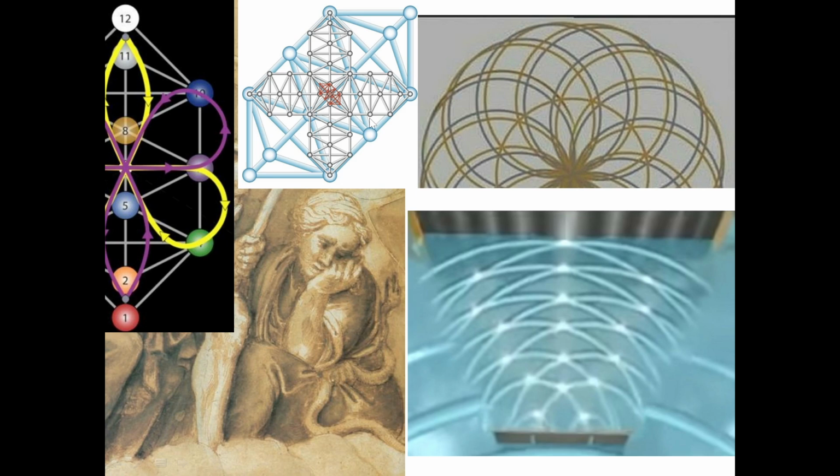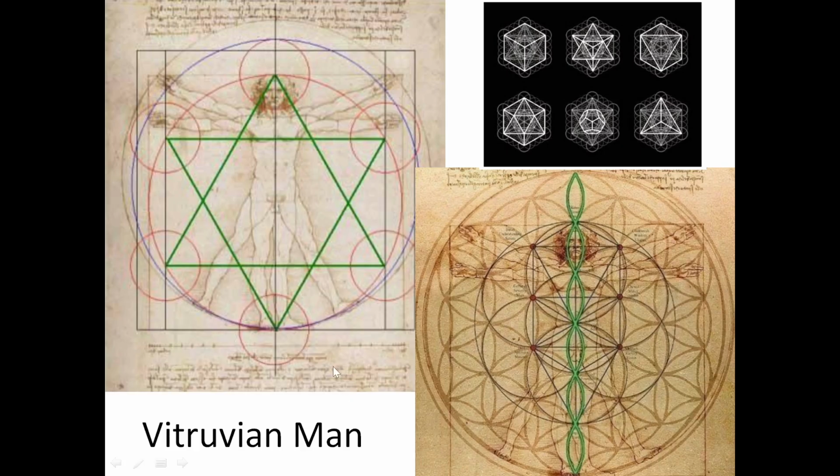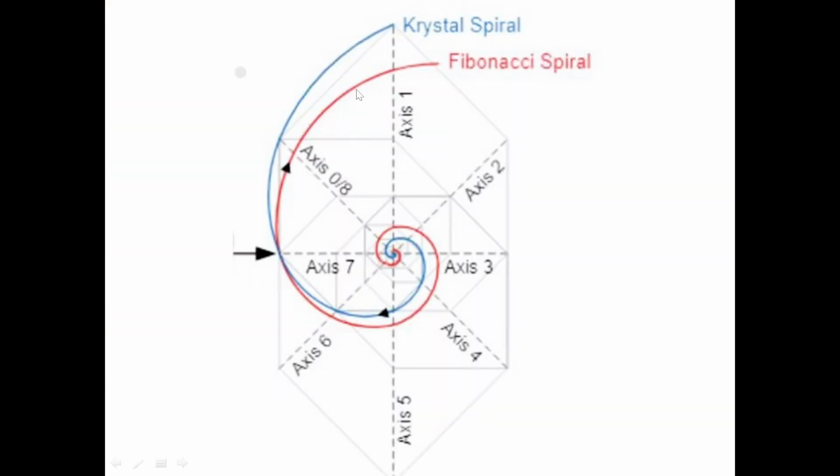This is a creational energy, a flow. And Gaia's back online because we're coming to the end of the Fibonacci sequence.